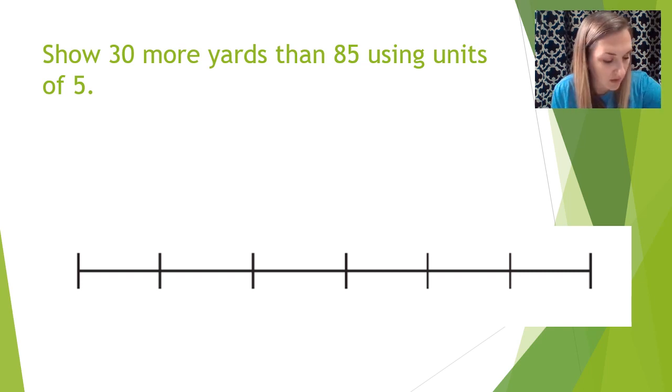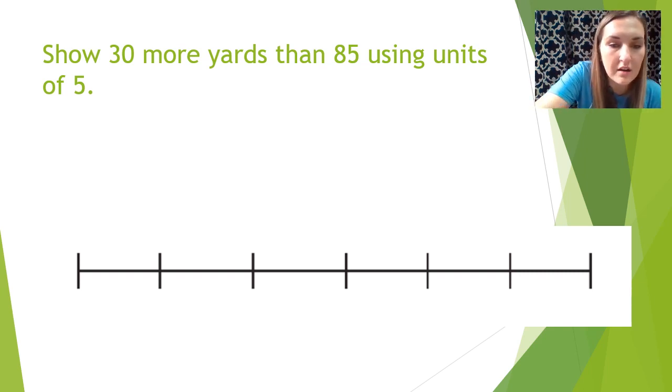It says the units are 5, using units of 5. Unit length is 5. What is the first endpoint going to be on this number line? You can say that out loud. When I snap, say the number. 85. The starting point is 85.